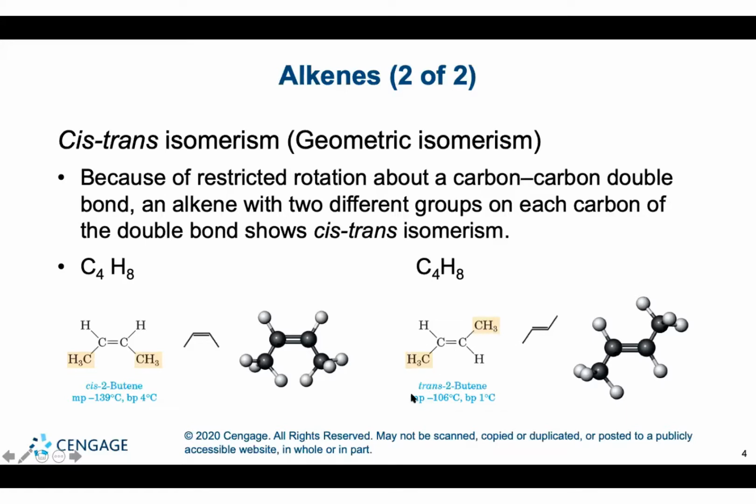We write it before the name, and this is called trans. So this is called cis-trans isomerism. Another name for it is geometric isomerism. Configurational isomerism is also related to cis-trans isomerism.